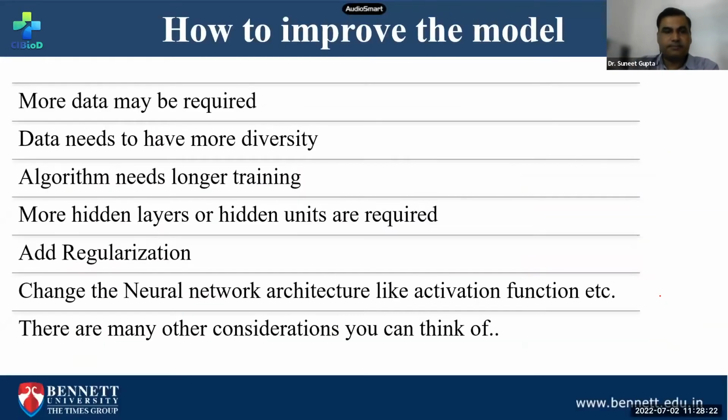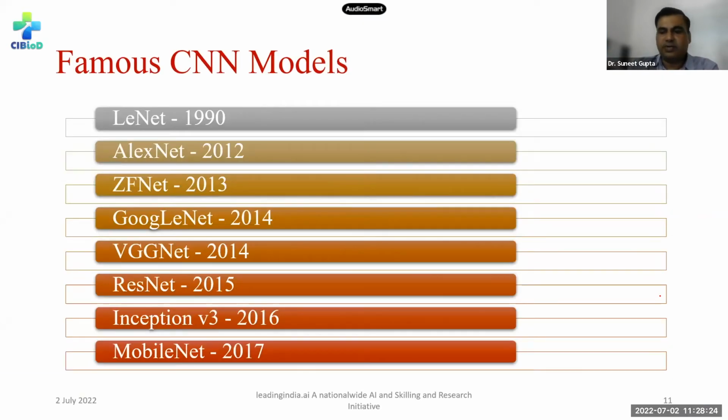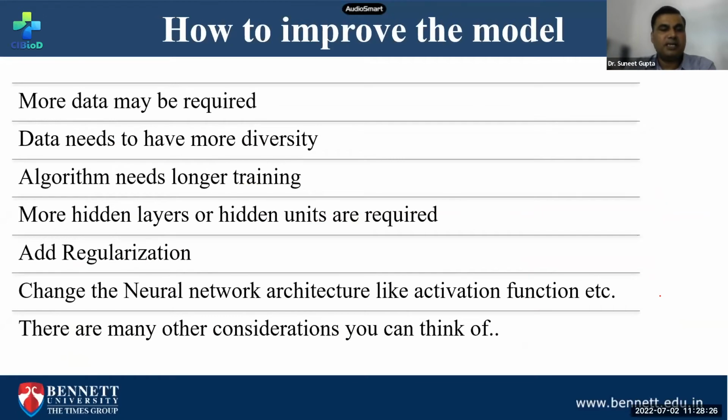Okay, so that is the introduction about deep learning. But now we are going to discuss how to improve the model. So let's say your team is working on the development of a deep learning model for disease classification or some kind of regression analysis. In that case, what actually happens? Sometimes your model is not working properly.